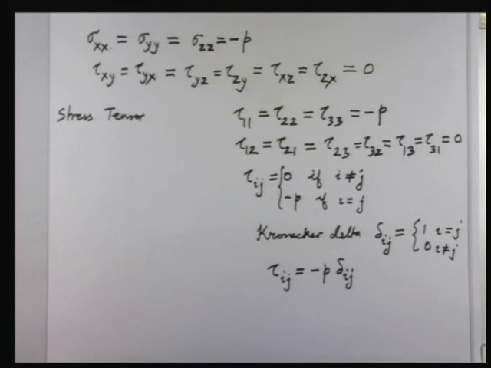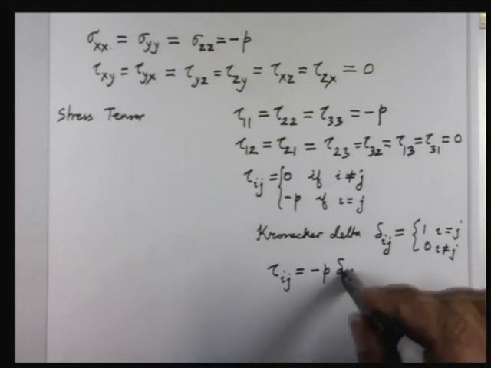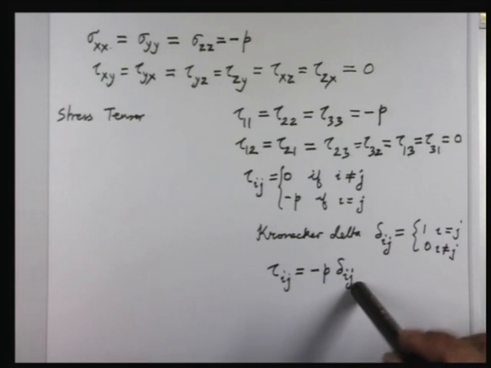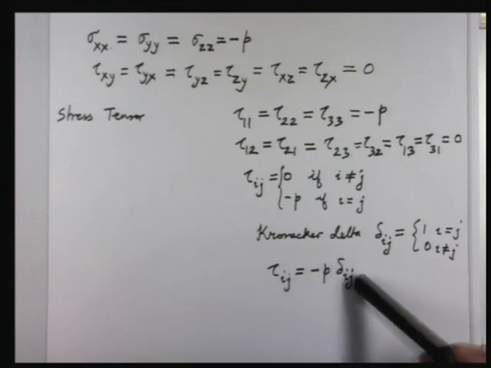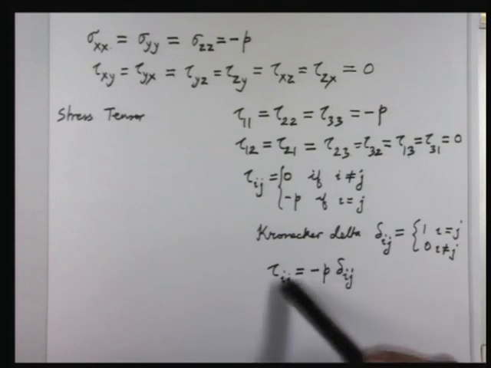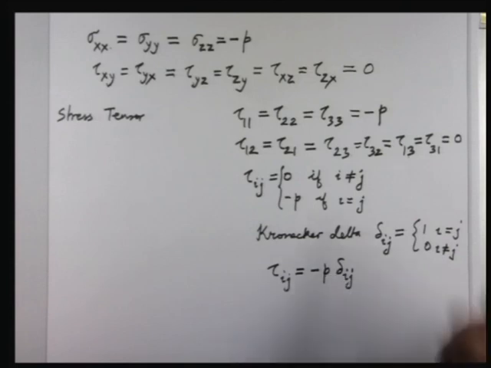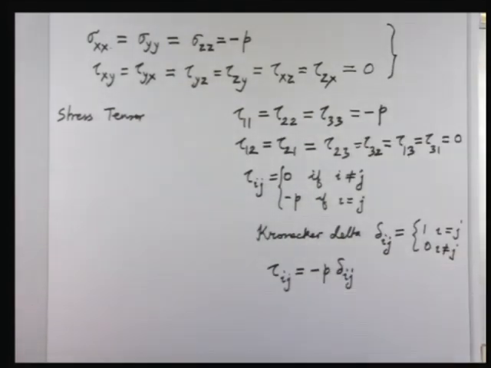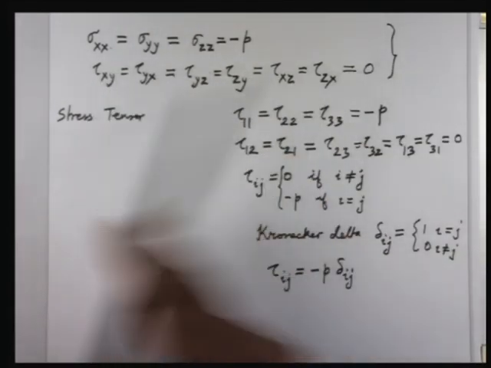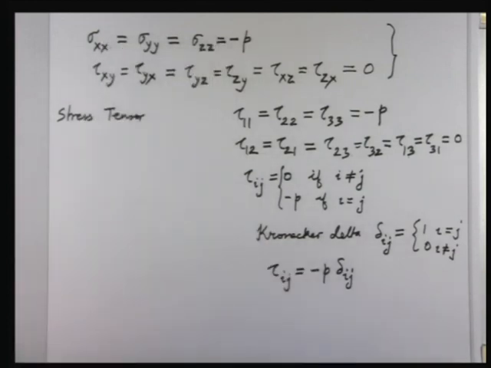So when i is not equal to j, this is 0, and when i equals j, delta 11 is going to be 1, and tau 11 will be minus P. If I put i equal to j equal to 2, delta 22 is going to be 1, so tau 22 is equal to minus P. And similarly, tau 33 is minus P. So these 9 relations which I wrote over here, 6 for the shear stress and 3 for the normal stress, I can write in a compact fashion as tau ij is minus P delta ij.